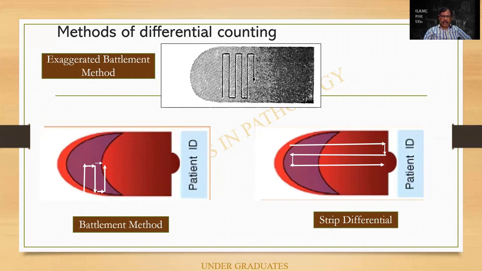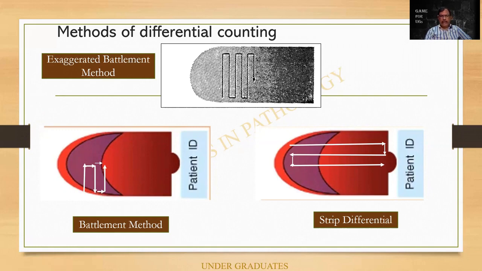But I'm going halfway and then turning, again coming backwards, again moving forward. By following this particular method, I am able to count the cells in the periphery as well as in the center. Therefore, a uniform counting is there. There is no bias. Secondly, I am avoiding counting the same cells again by this method.